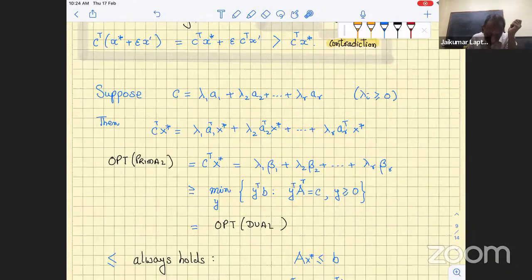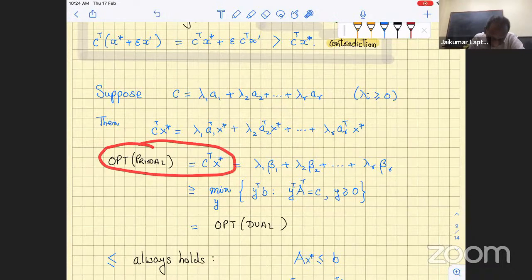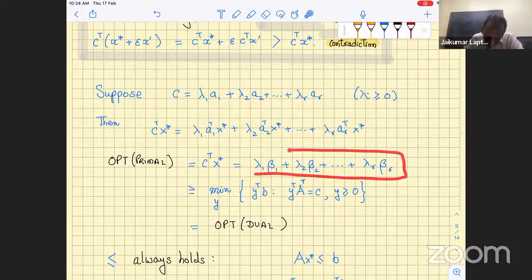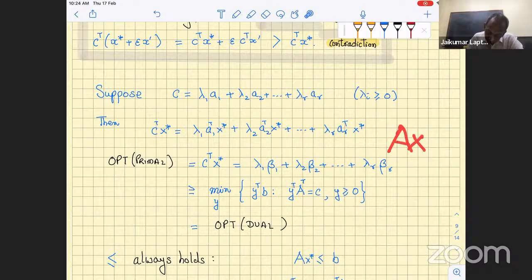And what you see is that the primal optimum was x star, because that was the definition of x star, but it is equal to this, a non-negative linear combination of the right-hand sides of Ax less than or equal to b.